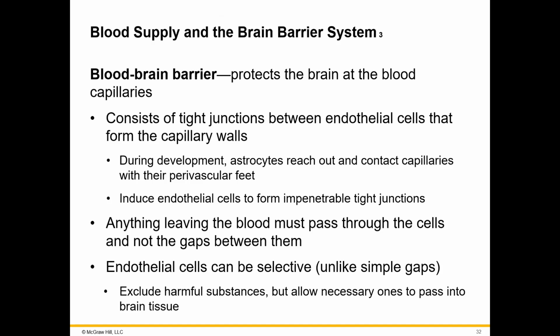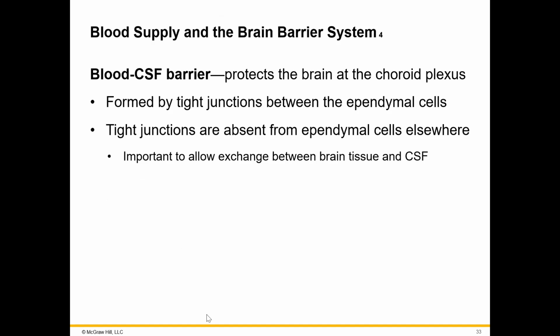It consists of tight junctions between endothelial cells that form the capillary walls. The blood-cerebrospinal fluid barrier protects the brain at the choroid plexus. It is formed by tight junctions between the ependymal cells. Tight junctions are absent from the ependymal cells elsewhere.